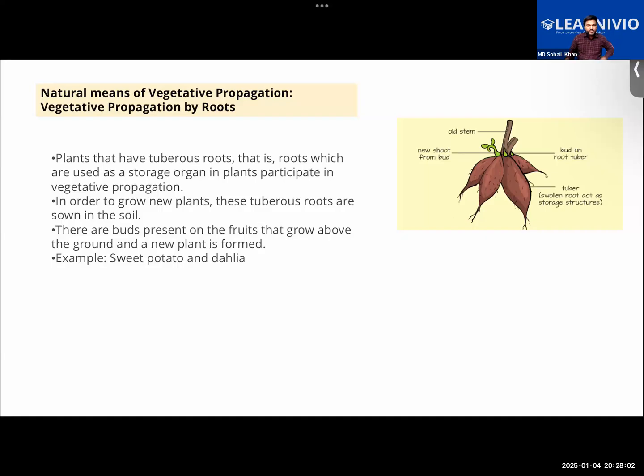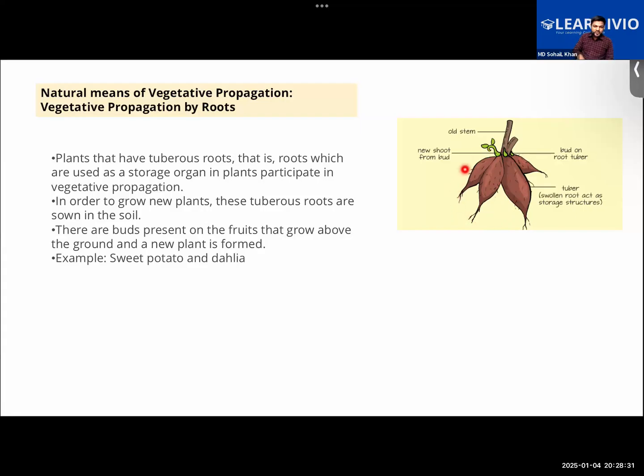See, these roots are different from the other roots that we get to see. They are swollen, modified roots. These modified roots store food in them, and they are called tubers.